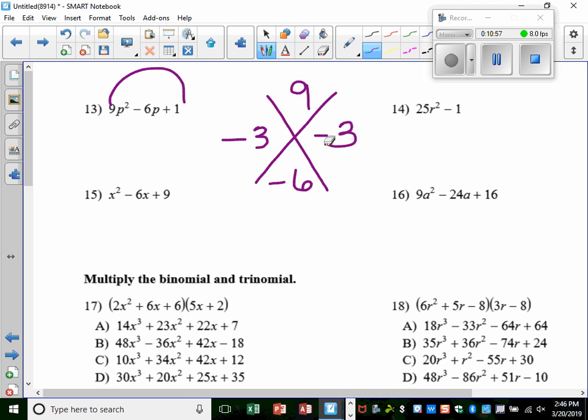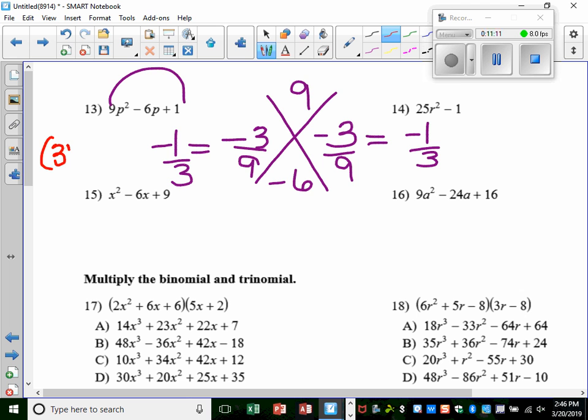What is your A term? 9. And then we will reduce each one to -1/3. All right, so then I start from bottom up. 3x minus 1, and they're the exact same factors on each side, so I can just say to the second power, or I can write it twice.